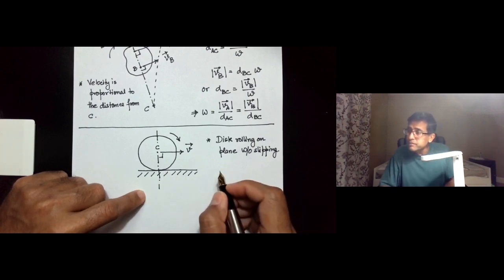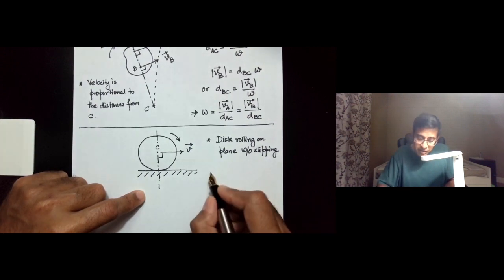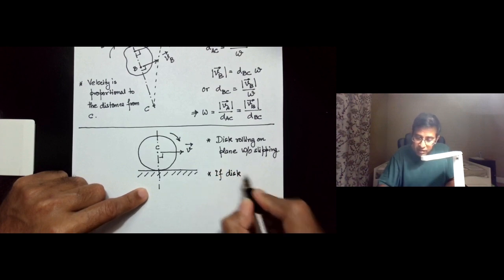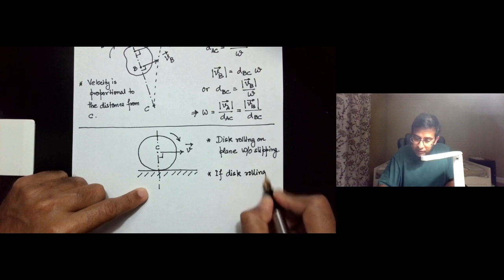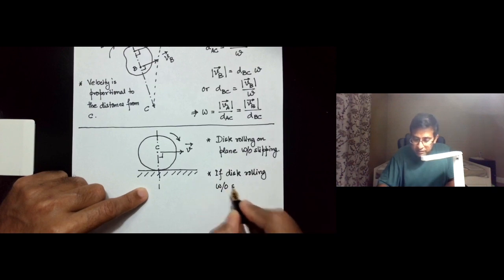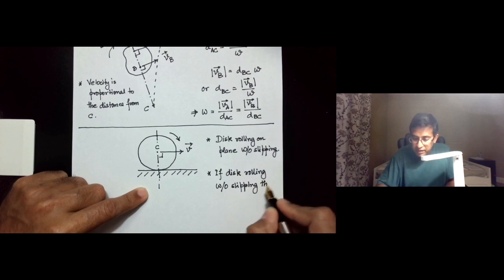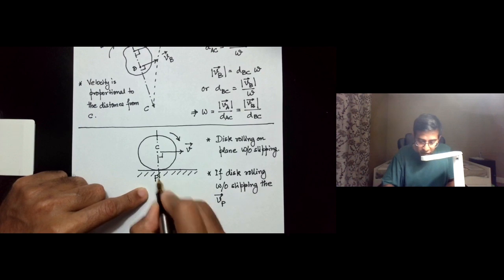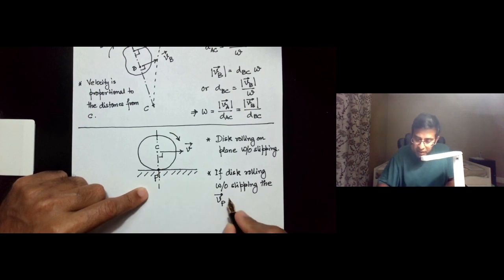Now how do we find the instantaneous center? Well, we make the note that if the disk is rolling without slipping, then Vp, where P is this point of contact here, Vp is equal to 0.